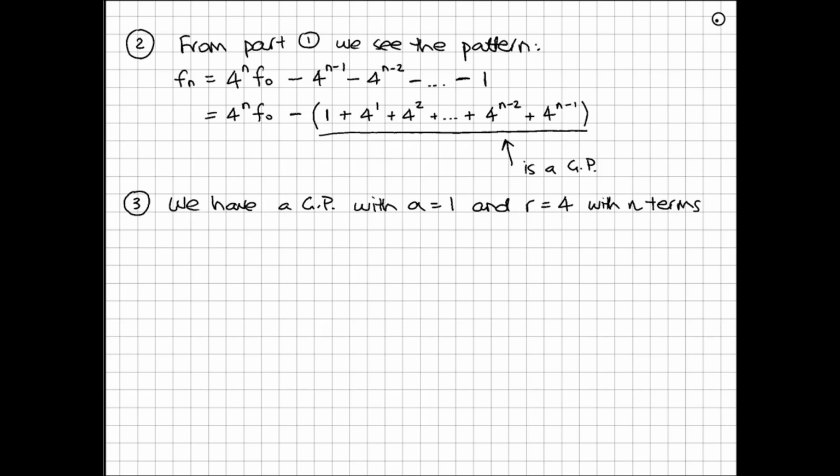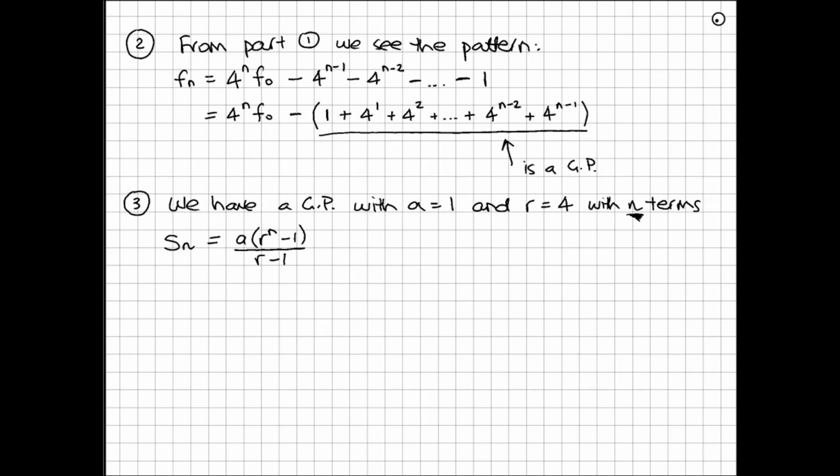So there are the components that we need to use our sum of a GP formula. Because we've just got this generic n terms, we won't have a number for that, but for a and r we can substitute in. The sum of this geometric progression with n terms will be equal to, from the formula we're told in the question, a(r^n - 1)/(r - 1), where r is greater than 1, which we do have. r is 4 for us.